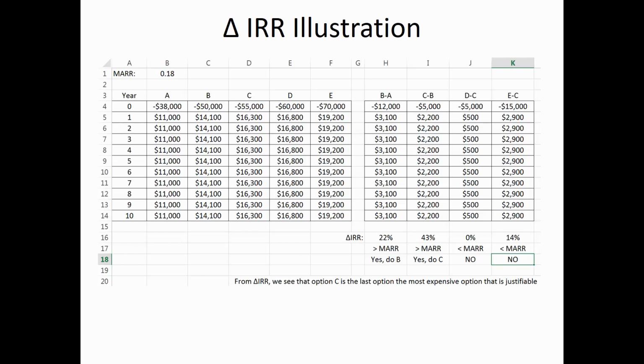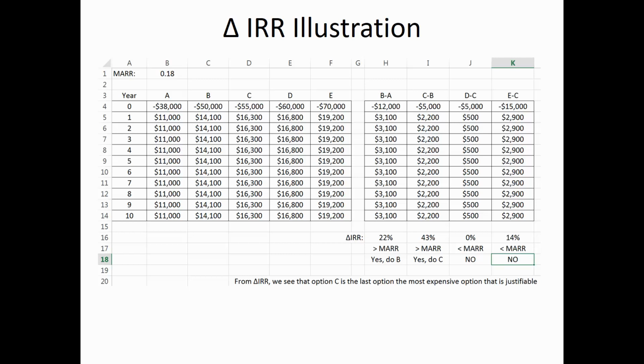Okay, so the first comparison that we're going to do is B versus A. And so you can see we have the incremental cost, 12,000, the incremental benefit, 3,100. And so we just do the IRR function on this cash flow diagram. And so the incremental internal rate of return is 22%.